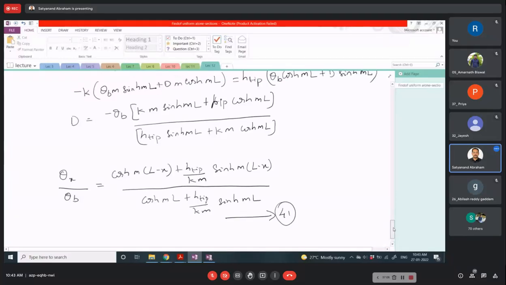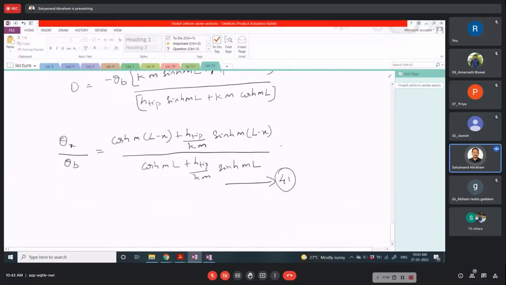In this case, obviously, the heat transfer from the other side is being considered. So this is the temperature variation along the length.